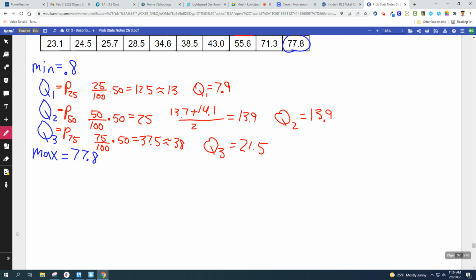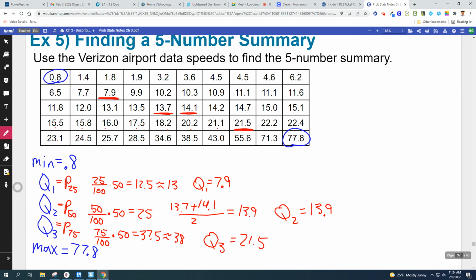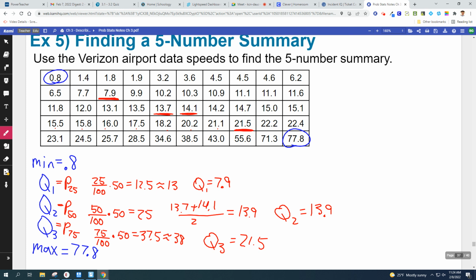Now, by the way, Q1, 2, and 3. I already mentioned this, but I don't know if it really sunk in. If you're just finding the median, you say, here are the middle 2 numbers, I need to find the middle of that. That's Q2. Then the lower half of numbers is all of these right there.